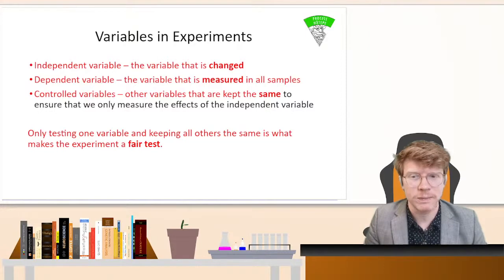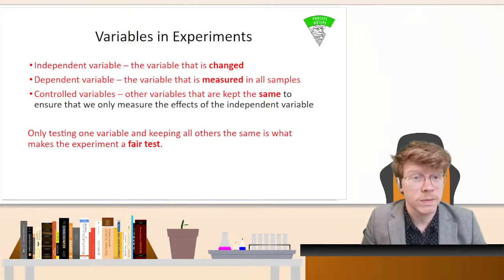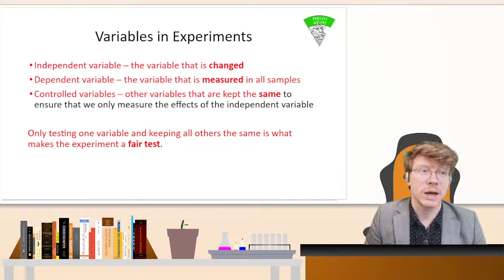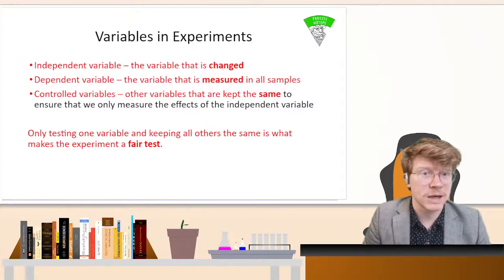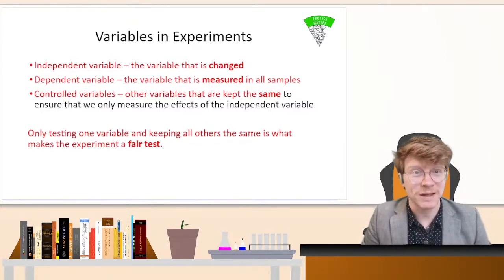That's our independent variable. And our dependent variable might be, depending on the nature of your experiment, something like the volume of gas that is made. And you measure volume in things like litres or cubic centimetres or cubic metres. Whatever you want to do, but you need to specify that.